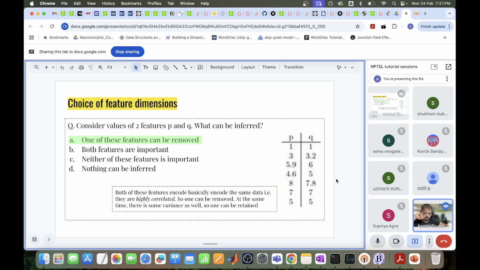In this question in particular, it is just visual inspection. The metric that you can use is the correlation coefficient, right? Let's say you have 100 samples of data and 10 features.